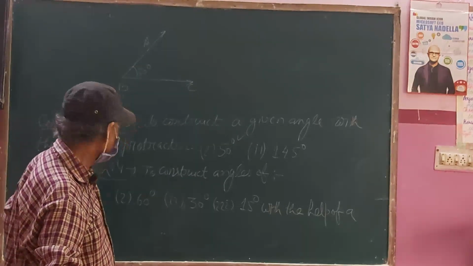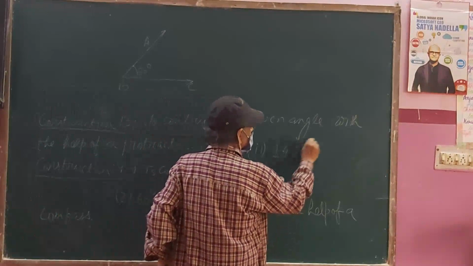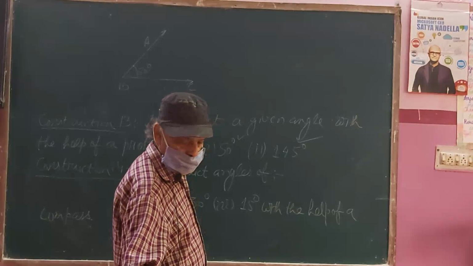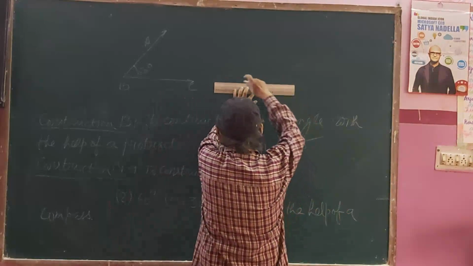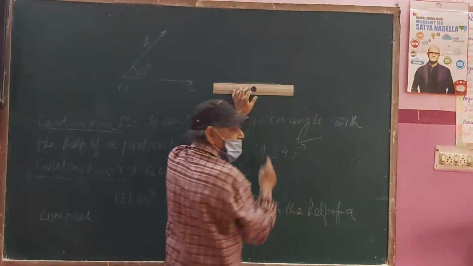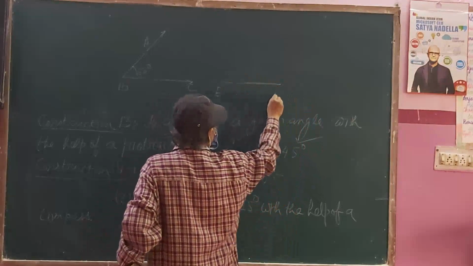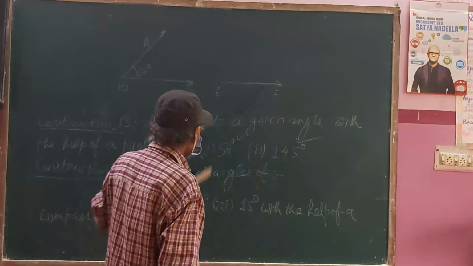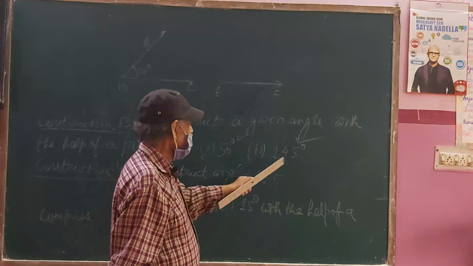Now I will make an angle of 145 degrees. Here is the line E and F. Is it visible to you? EF is a ray. You want to make the angle on the left-hand side, that is at E. This angle is 145 degrees.